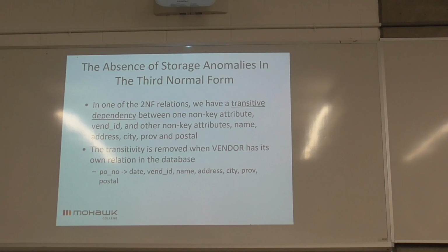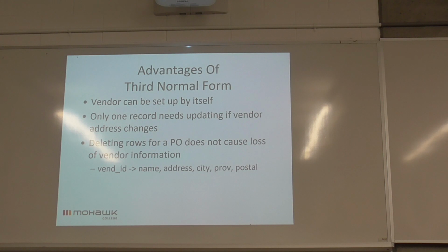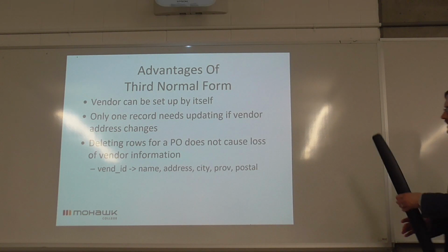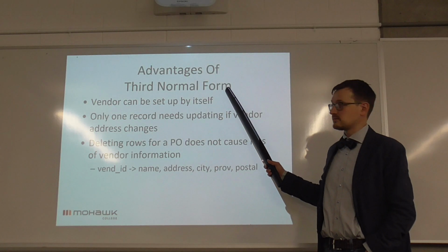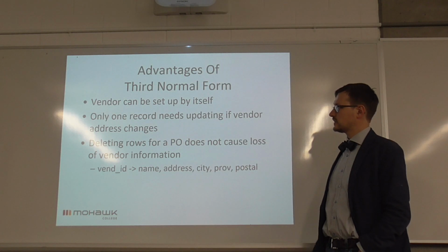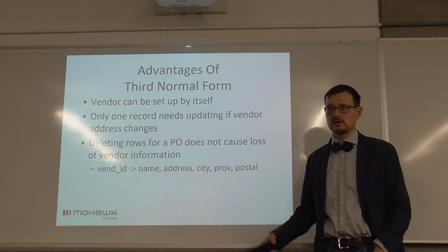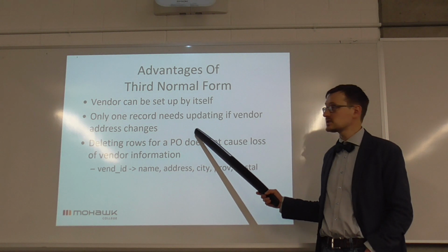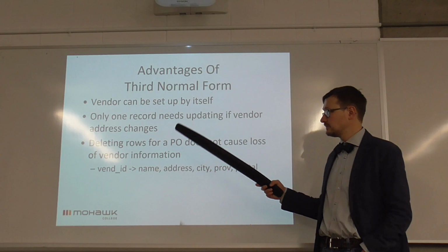So once we have achieved the third normal form, vendors can be set up by themselves, so we've solved the insertion problem. Only one record needs updating if information about a vendor changes. We've solved the update problem.